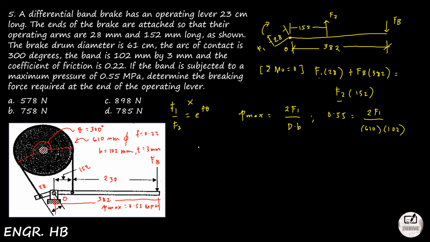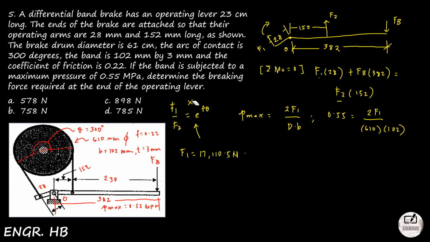So our F1 should be 0.55 times 610 times 102 divide 2. So that was 17,110.5 newtons.